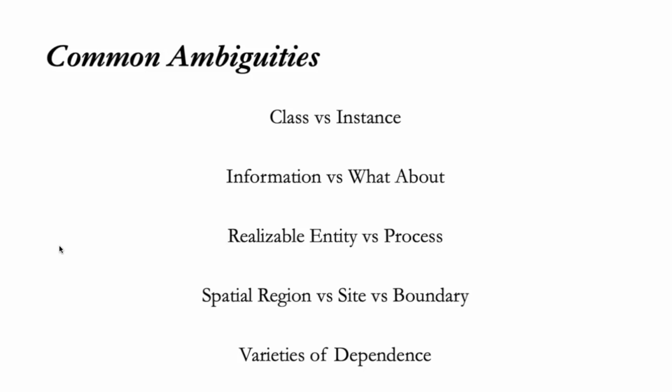Where two-dimensional boundaries intersect, that is a one-dimensional boundary, like two planes intersect at a line. Similarly, where two one-dimensional boundaries, that is two lines, intersect, that is a point, a zero-dimensional boundary. So this is the relationship.